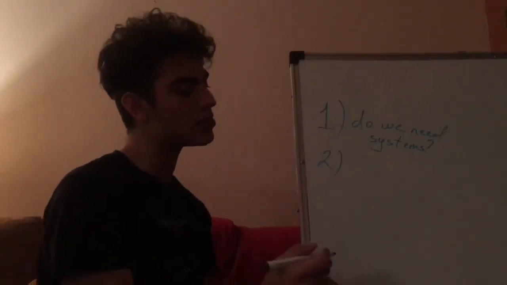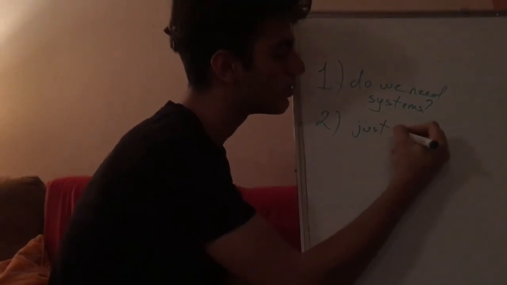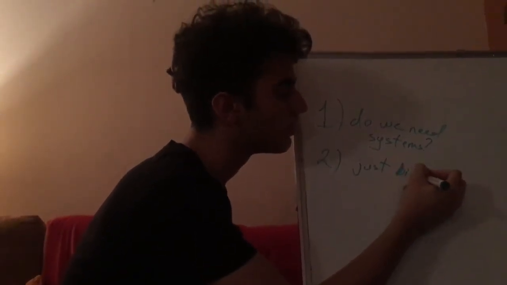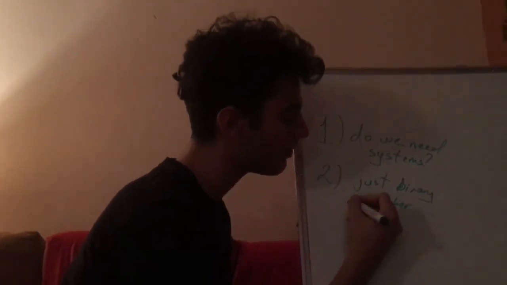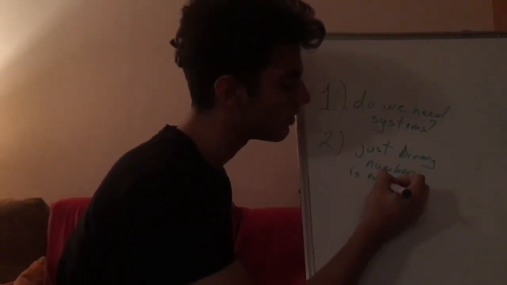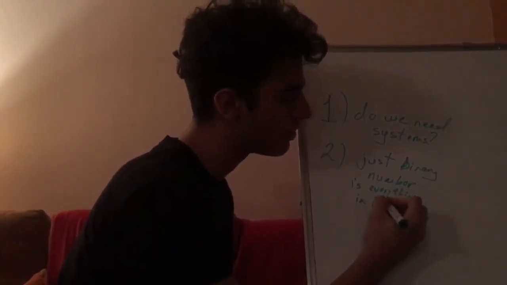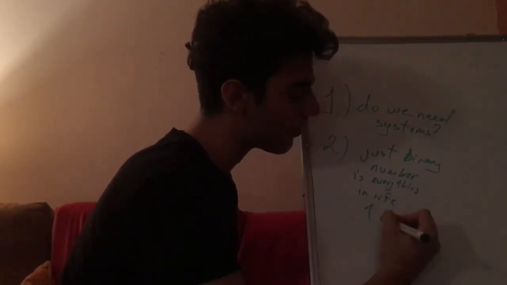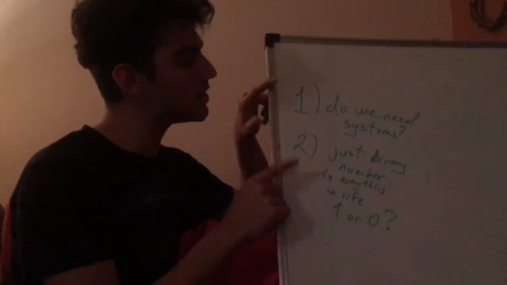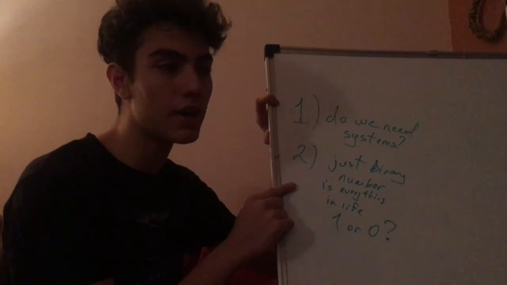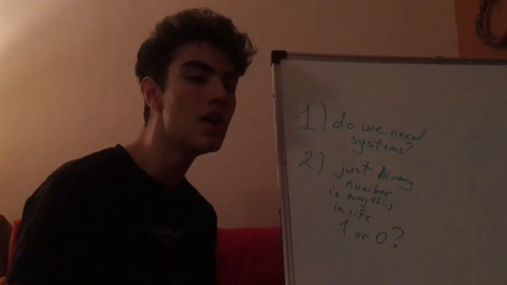And the second question is, just like binary numbers, is everything in life 1 or 0? Okay, so these two questions are just food for thought. You can answer them in the comments below. You can make a discussion.